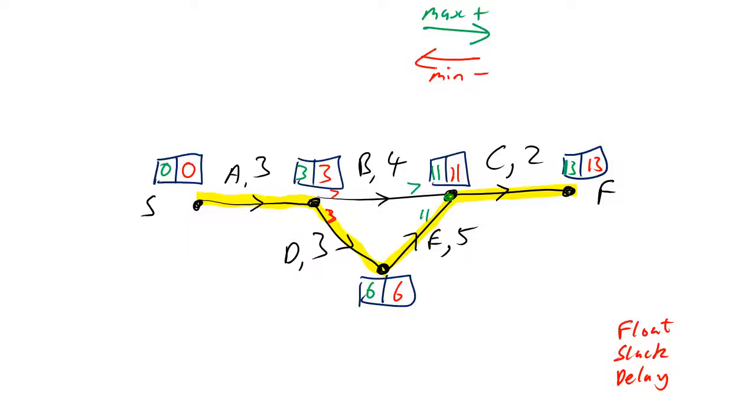So the point is here, if I was to ask you the question, what is the float on B? Well, it doesn't look like there's any float, but clearly there must be a float. It's not on the critical path. And it's because of these triangular formations you got here.